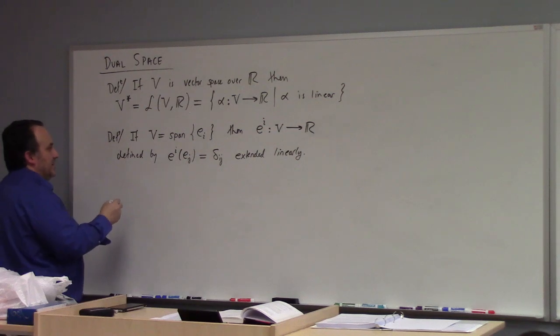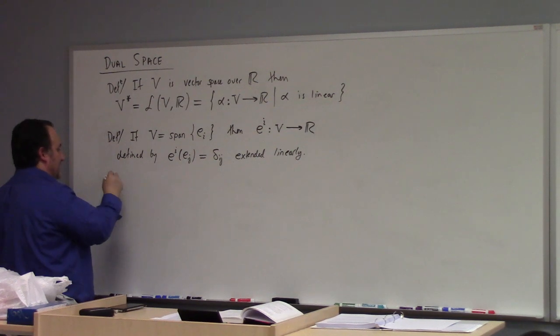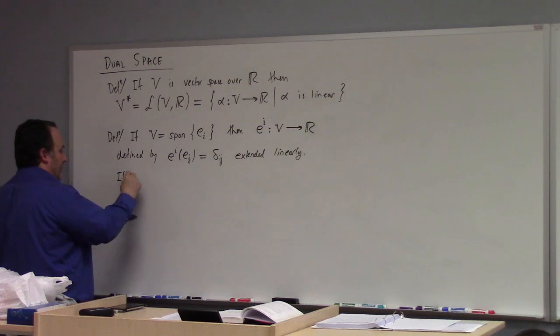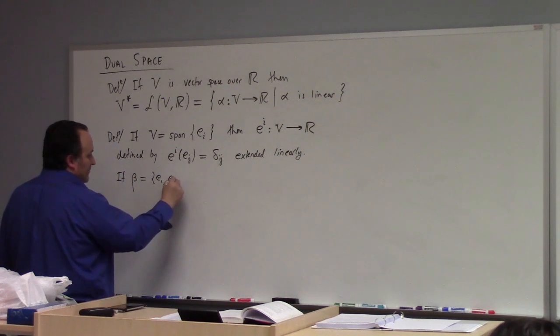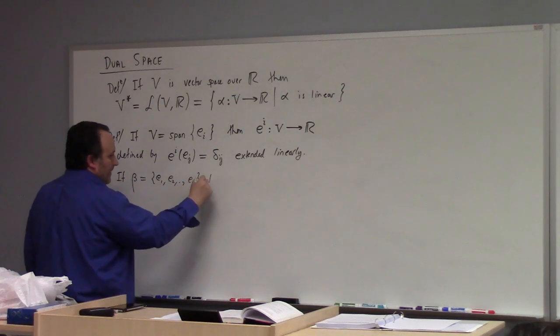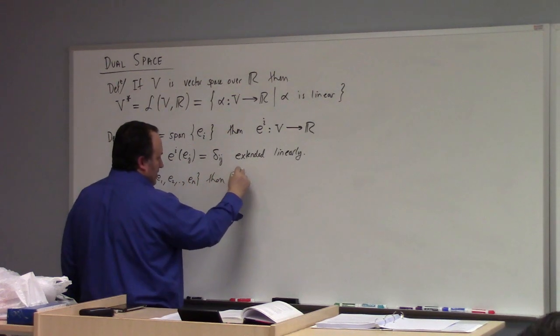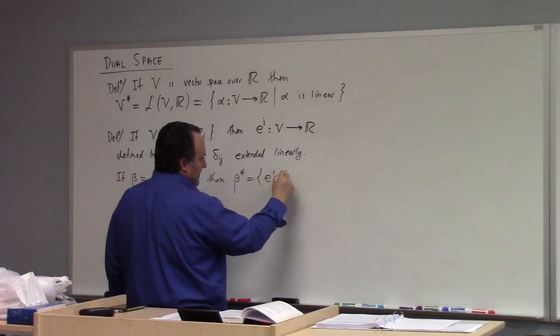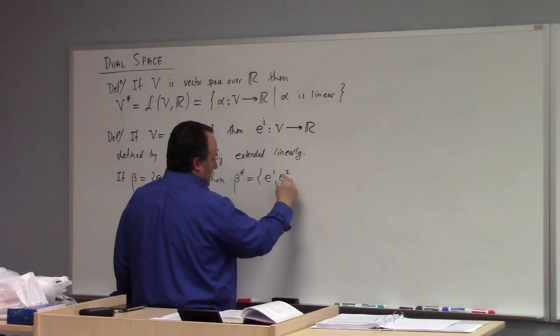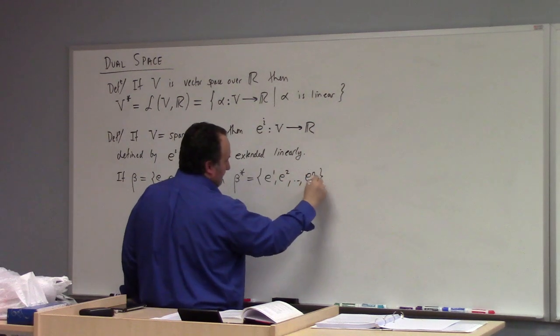So here, if beta is the ordered basis E1 through En, then beta dual is the dual basis, E upper 1, E upper 2, through E upper n. All right?